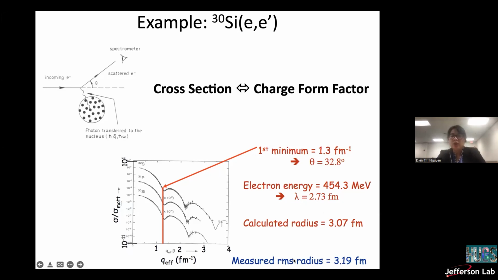Then you compare with the real measurement, and they are very close to each other. So elastic scattering is a very good tool to determine the size of the nuclear object you want to study. That is one example of how we use elastic scattering in the study of nucleon structure.